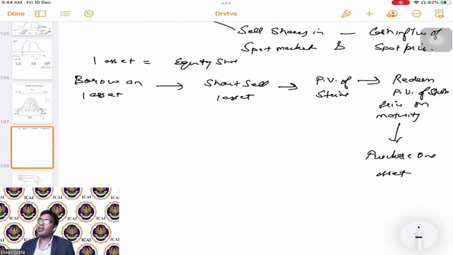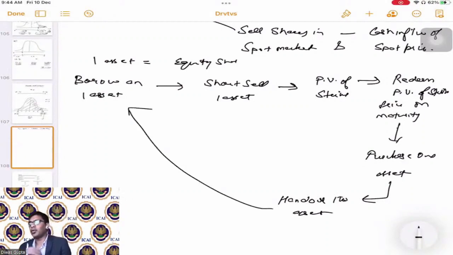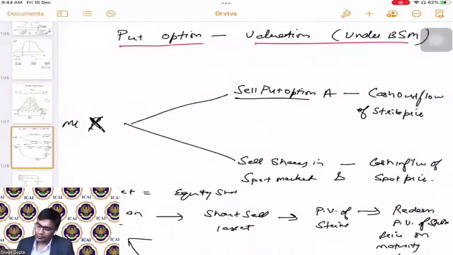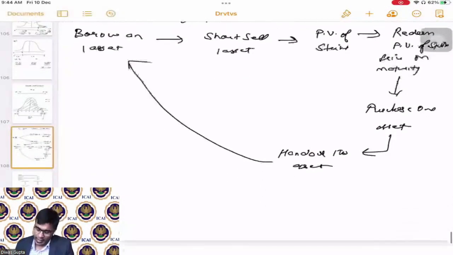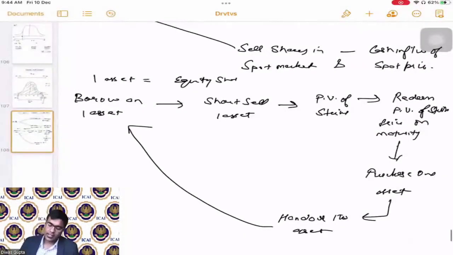From that option you will have to purchase, because you're writing it, correct? After purchasing that asset, you hand over the asset to whom you borrowed from. Okay, you don't have to remember this entire chain, but that's how the hedging strategy will work, correct? And from this we can just carry out the formula.